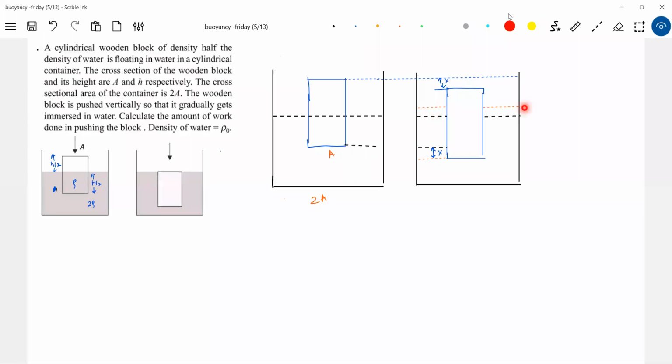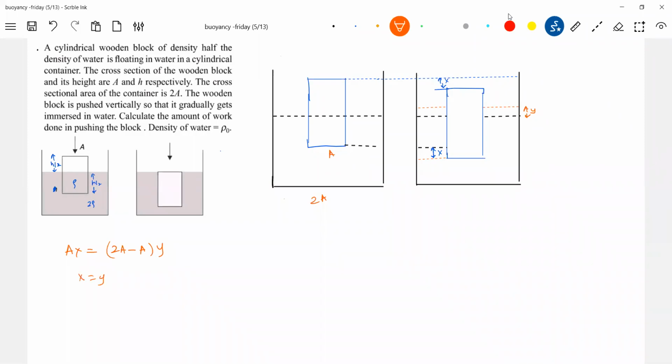So tell me, what can this H be? This Y, I'll write it. So this Y is what we should determine. How to calculate that Y? AX should be equal to the area of cross section of the container minus the area of cross section of the wooden block, into Y. So therefore X is equal to Y. So how much is the rise in level of liquid?